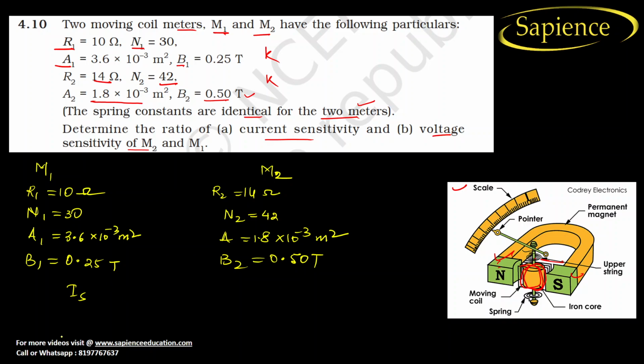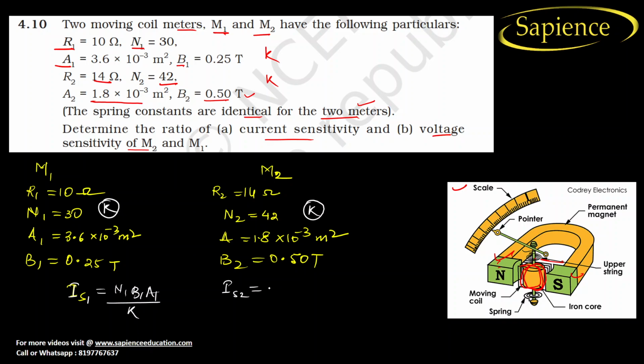So we need to find the current sensitivity. Let us suppose the current sensitivity for coil 1, that is IS1, is equal to N1 B1 A1 by K. In place of K1 we are writing K only, because the spring constant for both of them is identical.